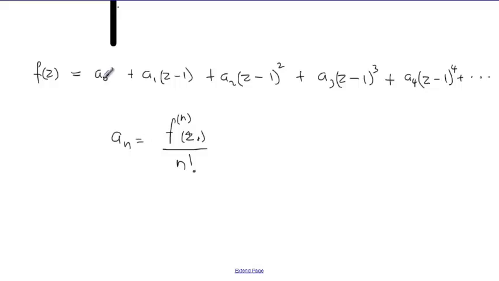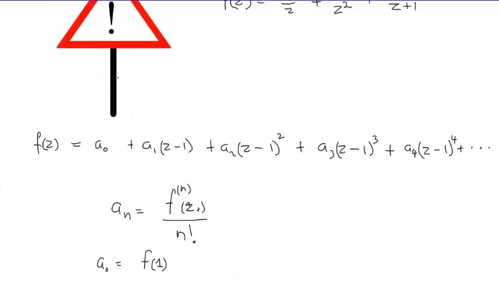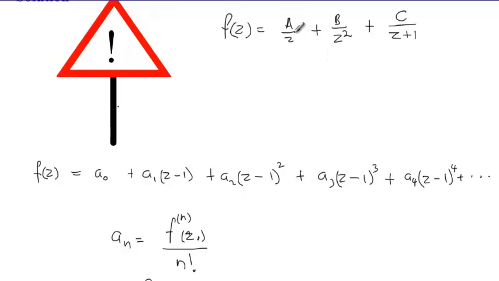If we talk of the derivative of order 0, we're talking about the function itself, then a0 would be equal to the function at 1 over 0 factorial, which is 1, so that we get this as a0. But before we can get to that, we need to sort out the problem of getting a, b, and c.